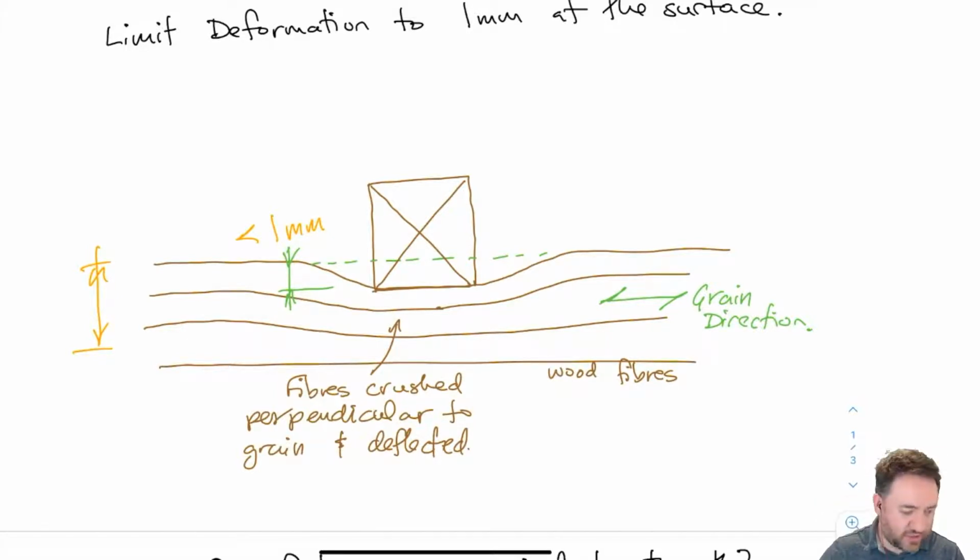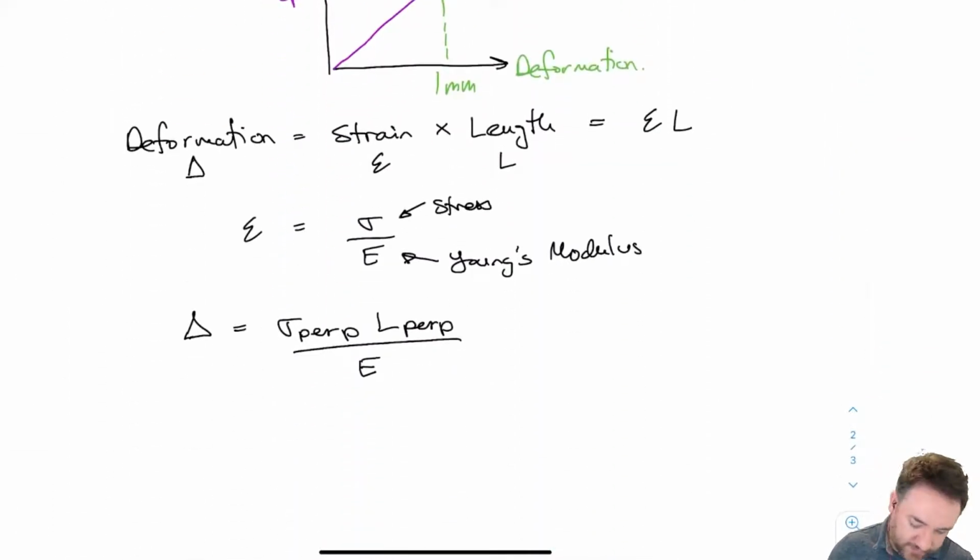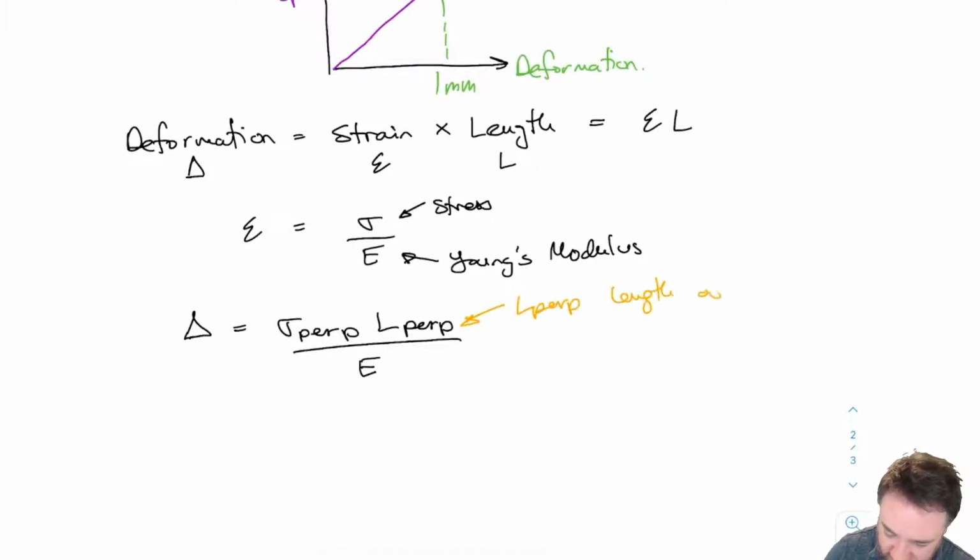Obviously it's not like a yes or no, but let's say for now that we have some section that's deforming and the length of that section, that's maybe more of an effective length, is L. Okay, so this is L perpendicular, the length over which the stress acts.